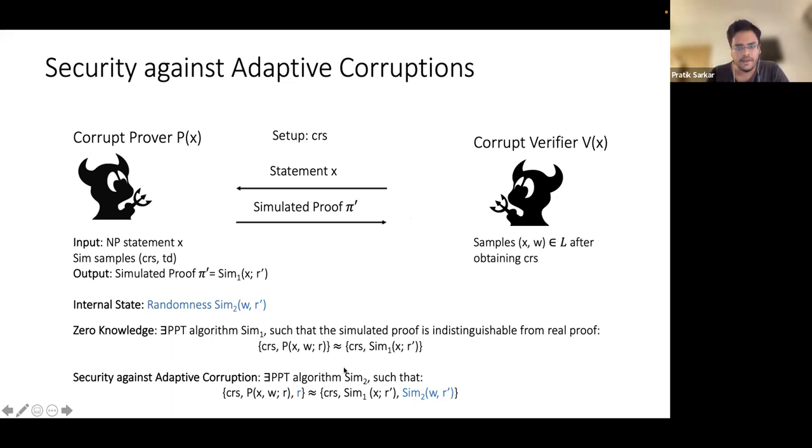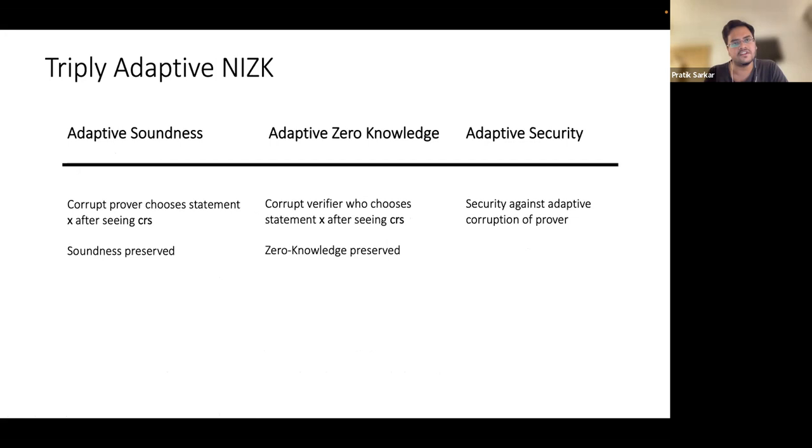So if you have this indistinguishability, then you have security against adaptive corruption. So a triply adaptive NIZK is a type of NIZK which satisfies these three properties: adaptive soundness, adaptive zero knowledge, and adaptive security against corruption. That is, soundness and zero knowledge should hold even when the statements are chosen by the adversary based on the CRS distribution, and adaptive security is security against adaptive corruption of provers.